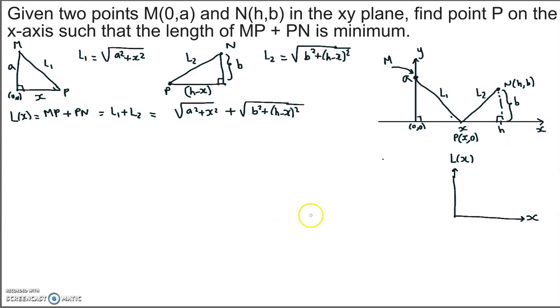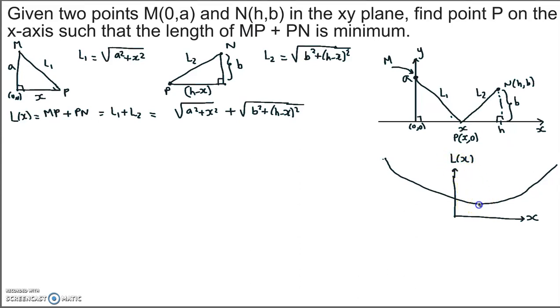So L as a function of X will look something like this. It's going to start as a big value, it's going to decrease, and it's going to rise again. Somewhere along in this region here, L of X will become minimum.